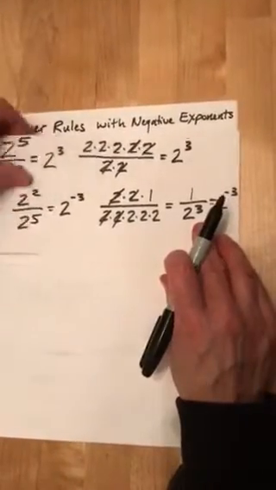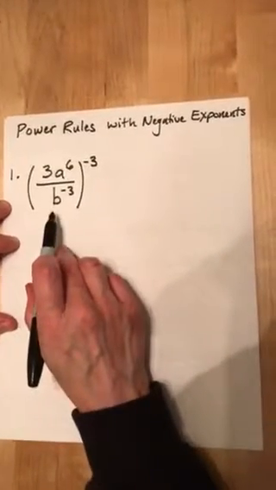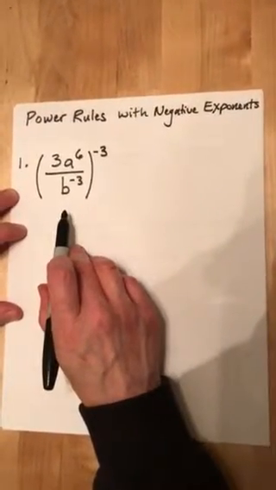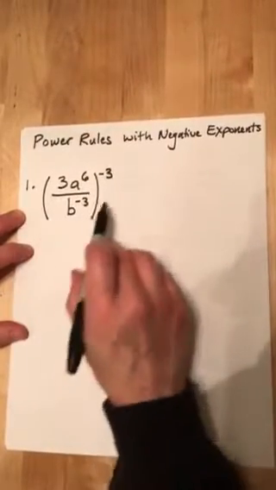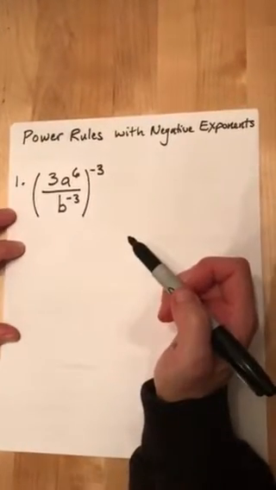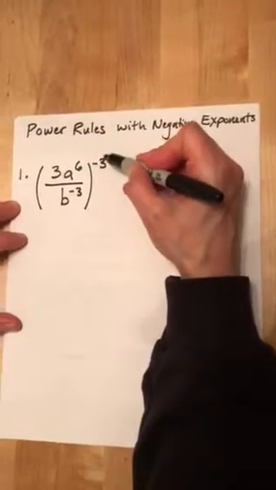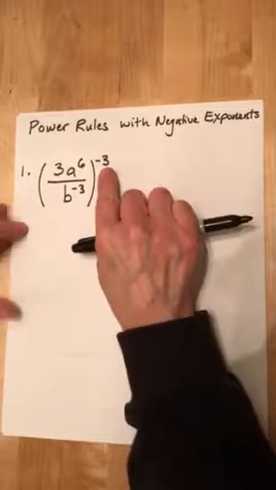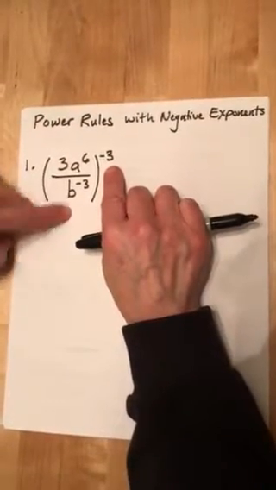Okay, so knowing that, now let's look at our 2 examples. The first one says, in parentheses, 3a to the 6th over b to the negative 3, that quantity raised to the negative 3 power. Anytime you have an exponent on the outside of parentheses, that exponent is applied to every single part of what's on the inside.